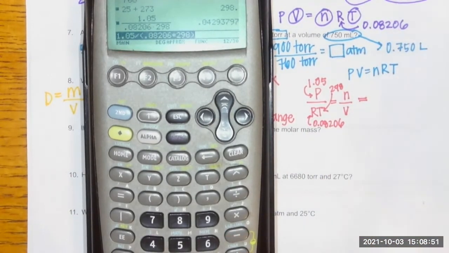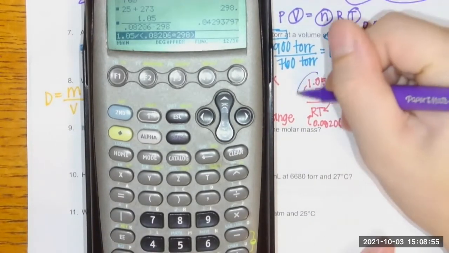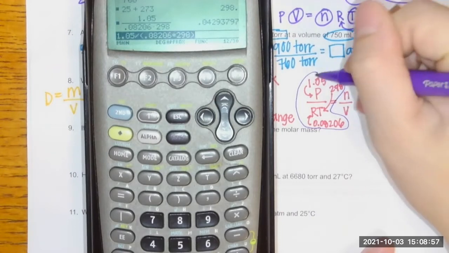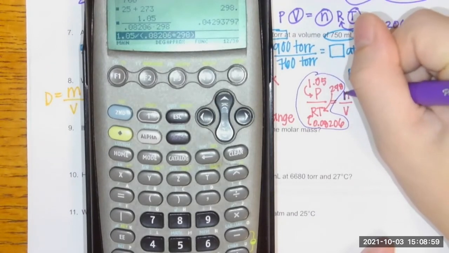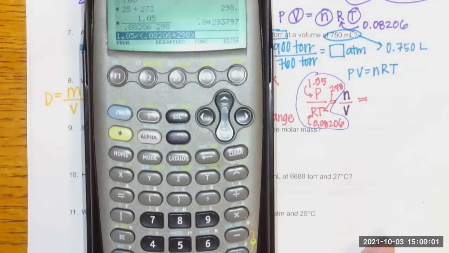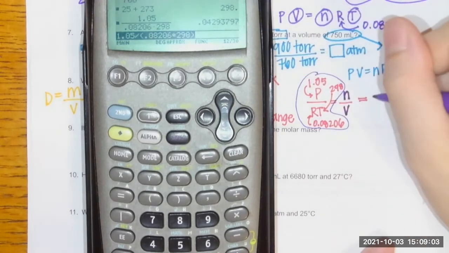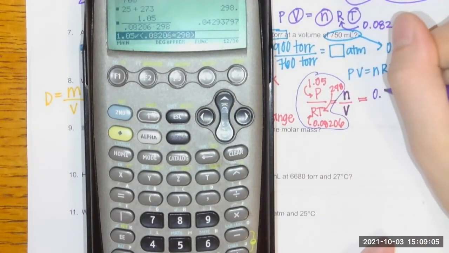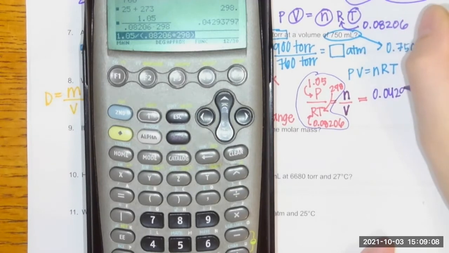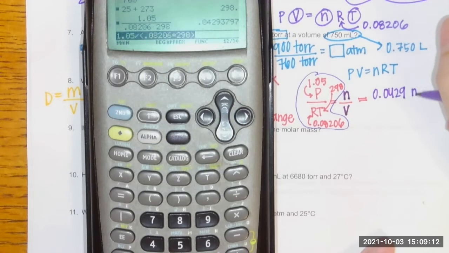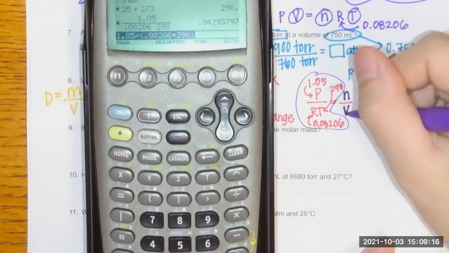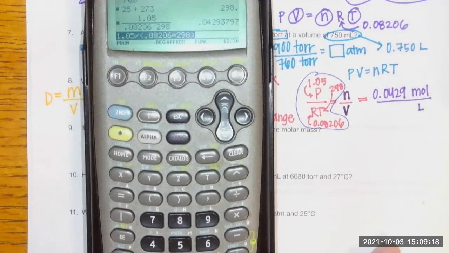Okay, I'm going to do some color coding, so maybe it makes it a little bit easier. All of that I just plugged in the calculator equals N over V. This number, 0.0429, equals N over V, so my units will be moles per liter, since the units for volume are liters.